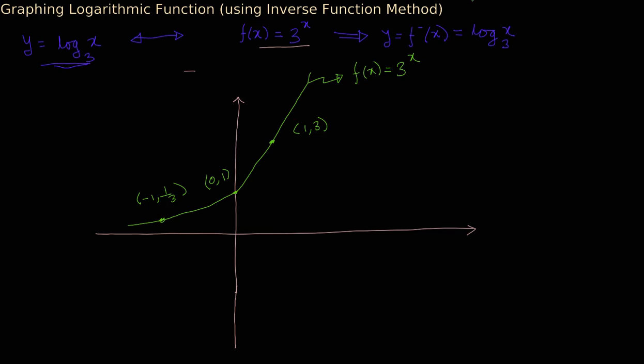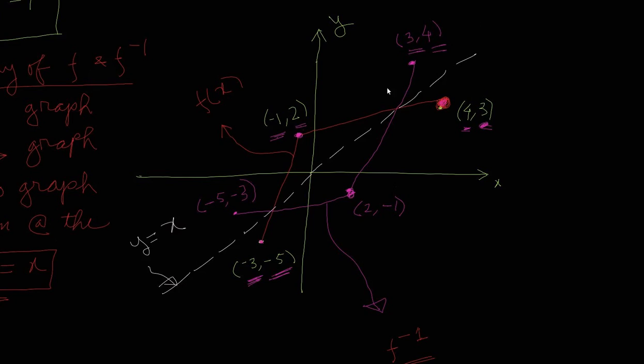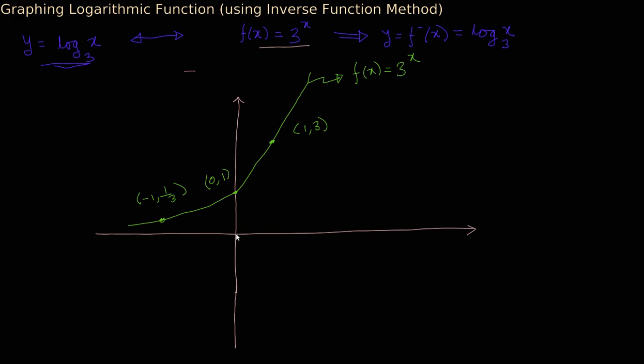Now if you remember from our inverse function chapter, the inverse function is symmetric about the line y equals x. So let me draw a dotted line which is y equals x. This is my mirror.